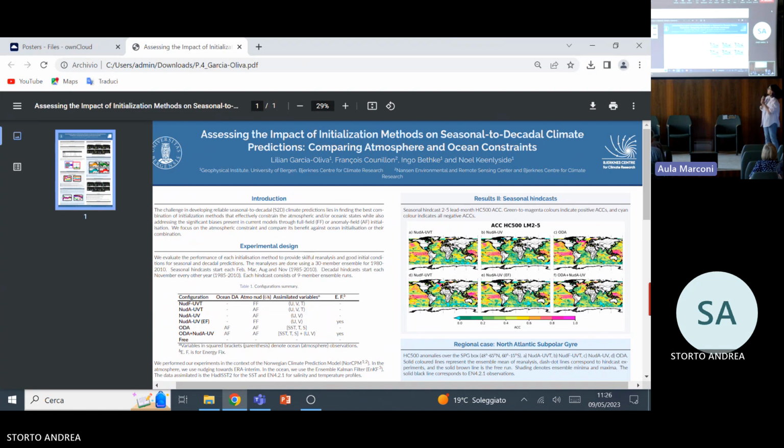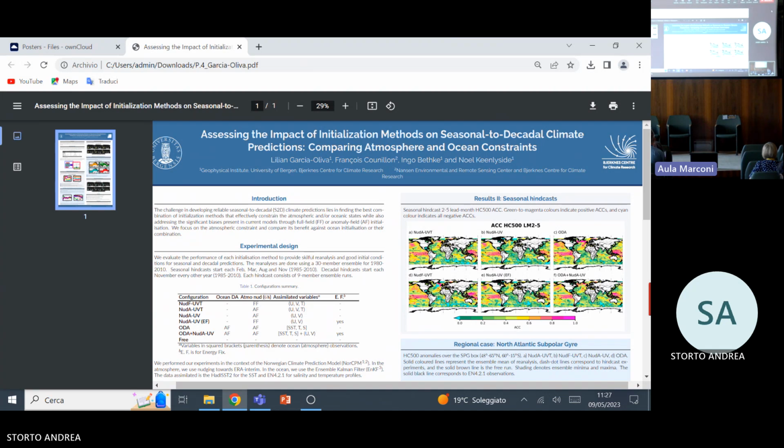Overall, what we did was to compare whether it is important or not to use full field or anomaly initialization from the atmosphere to initialize the ocean, and also whether it was useful or not to constrain only the momentum, for example, or also to include temperature of the atmosphere to initialize it. So I'm going to show you all those results.